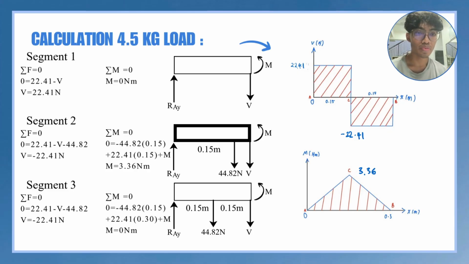And at segment 3, we have V equal to negative 22.41 Newton, and the moment is 0 Newton meter. So still the same graph, triangle and rectangular shapes, and the max bending moment is 3.36 Newton meter.